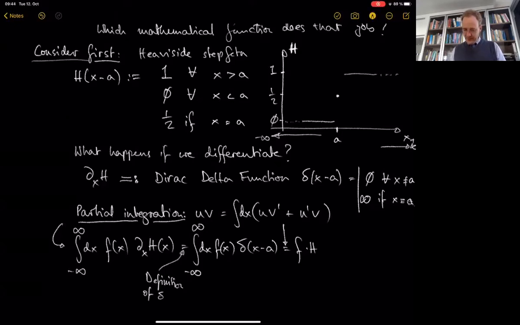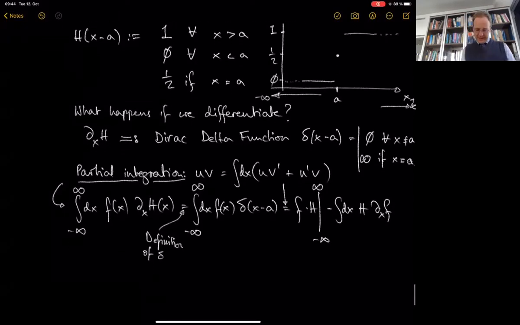We have the stem function from minus infinity to plus infinity for f times h, minus the integral dx of f prime h, and now we have to differentiate f, right?